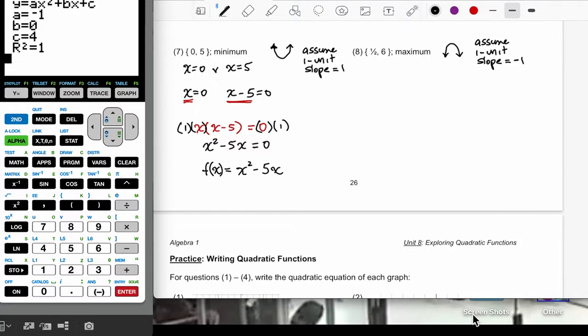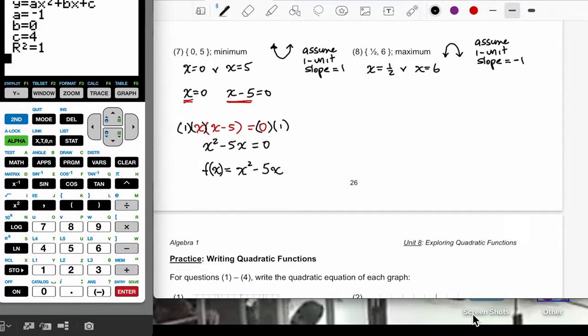Number 8's a little trickier because you have a fractional value in there. But we're still going to start it off the same way, except x is equal to 1/2, x is equal to positive 6. Now, ultimately, shortcuts aside, my whole objective here is to get from this step to this step. As in, I want the right-hand side of each equation to be equal to 0.